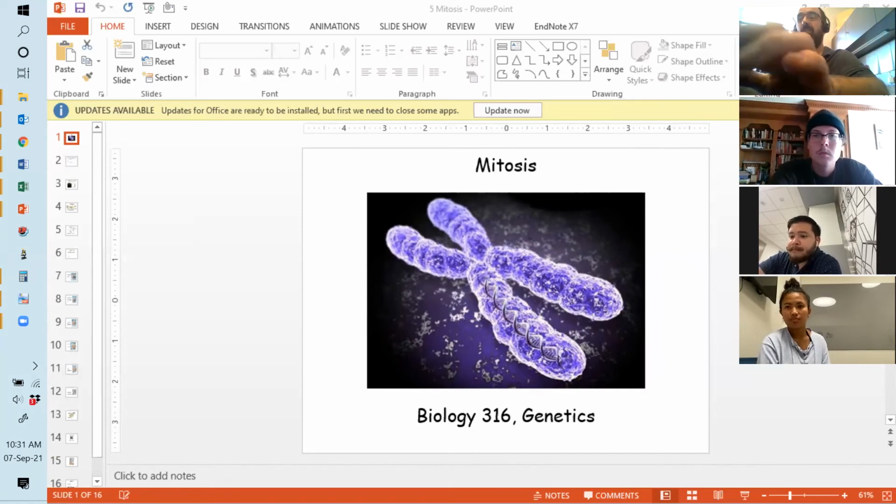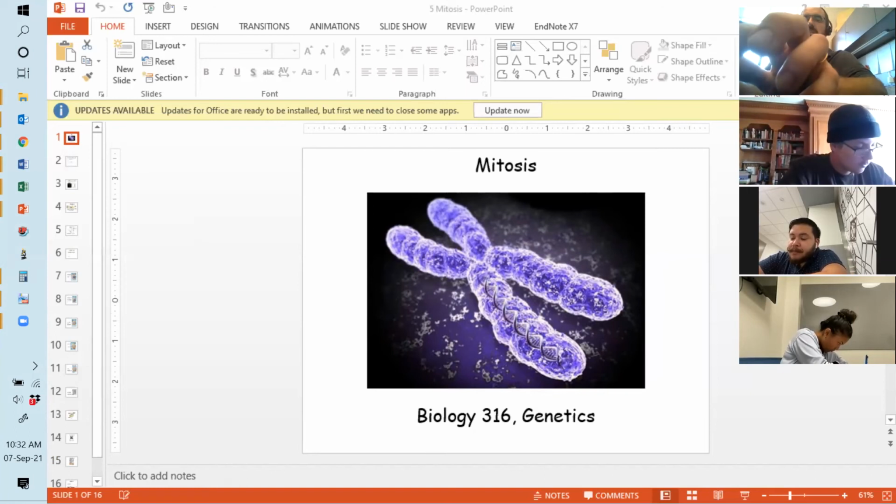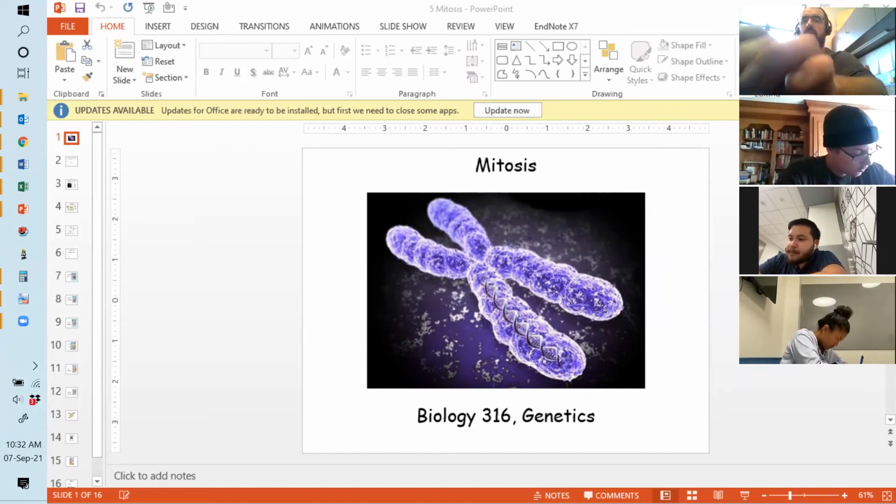So mitosis is often used to refer to cell division, but it is really the division of DNA in cell division that equals two identical diploid daughter cells.